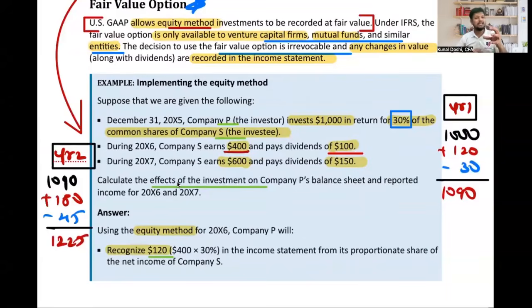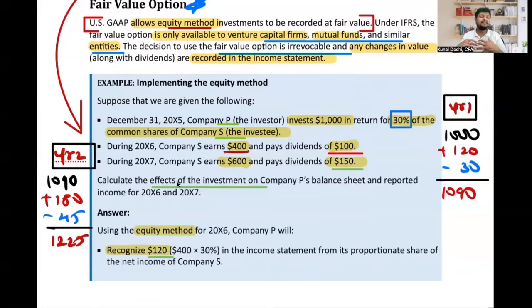So when you take a stake, the income of that target company, in this case S, not the entire income, but only 30% of that company's income belongs to you, right? But when that company pays dividend, instead of deducting the entire dividend, 30% of that dividend will be deducted from your investment account. Remember, when the company is declaring dividend, that money goes out of the system. So that's a cash outflow.